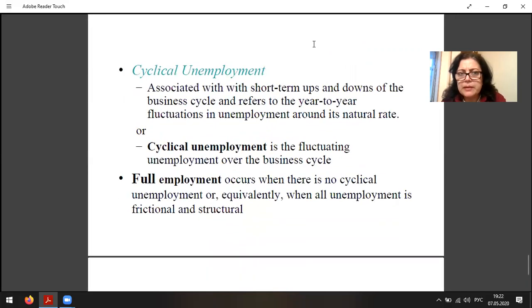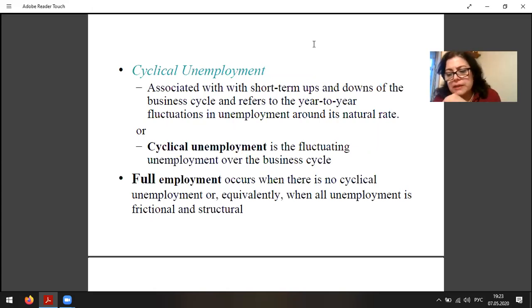Among the different types of unemployment, the hardest one is cyclical unemployment. Cyclical unemployment is associated with the ups and downs of the business cycle, the short-term ups and downs of economic activity, and refers to year-to-year fluctuations in unemployment around the natural rate of unemployment.